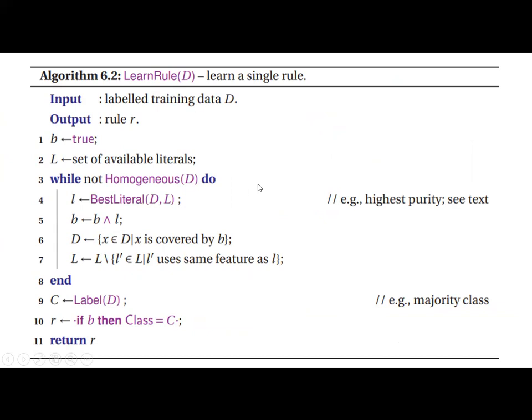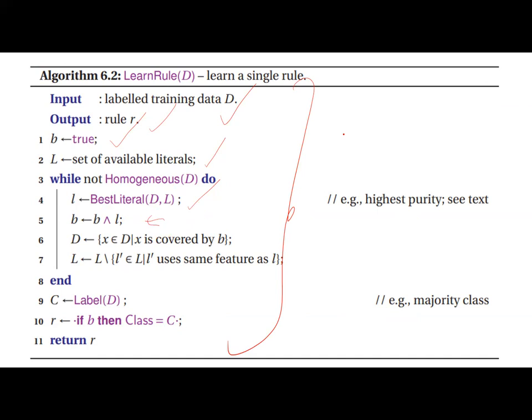This is our learned rule. Hope you understood. First, the rule output starts as a rule; we take B equal to 2, take the set of all literals, take the best literal, and append it to B.